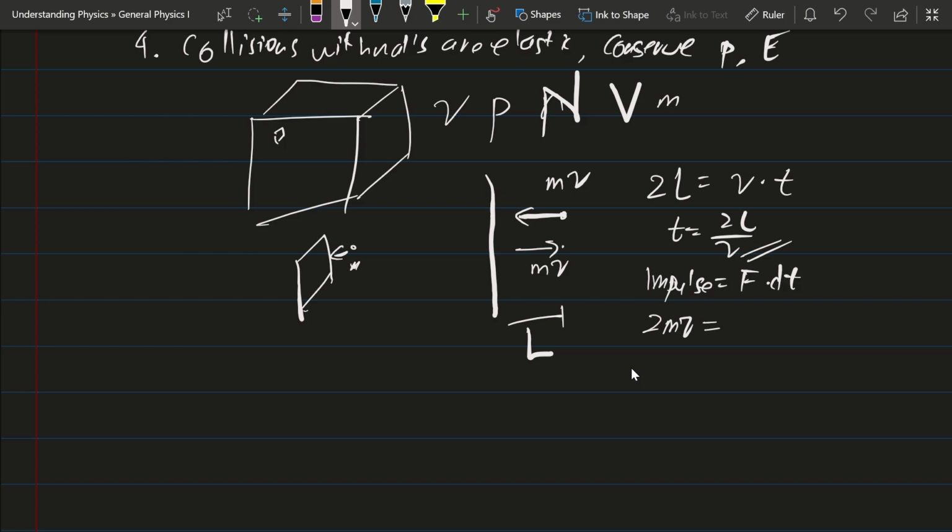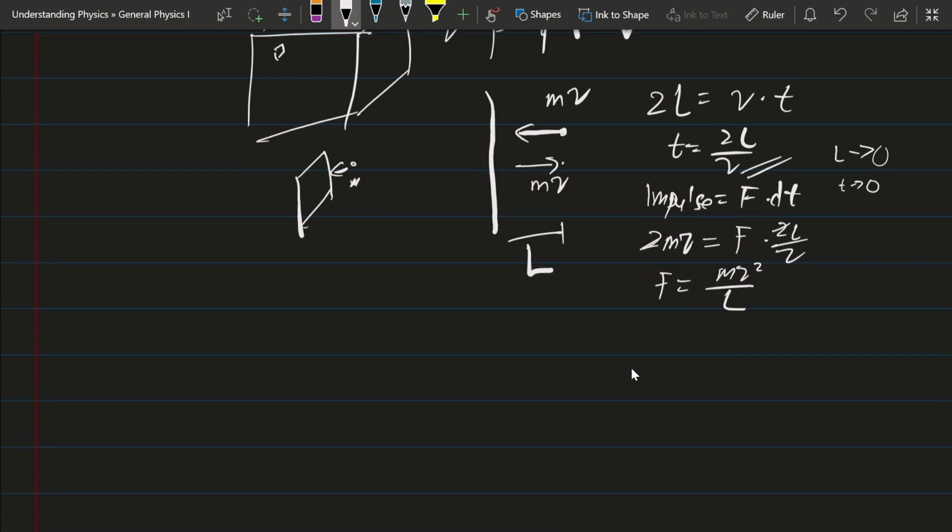And the force multiplied by the small change of time. So let's just take the L to be very close to 0, so the T would also go close to 0. So this formula could work, and we would obtain the 2L over v. So solving for the force, you would get mv squared over L.